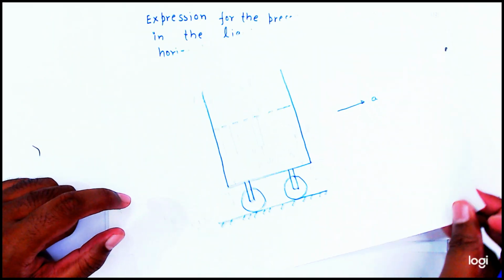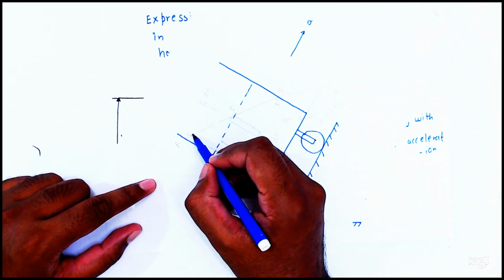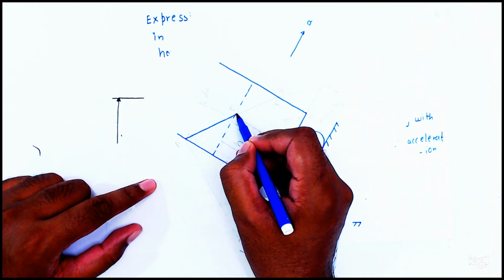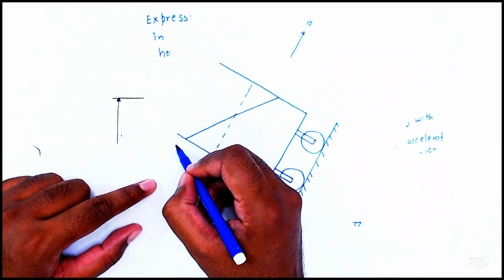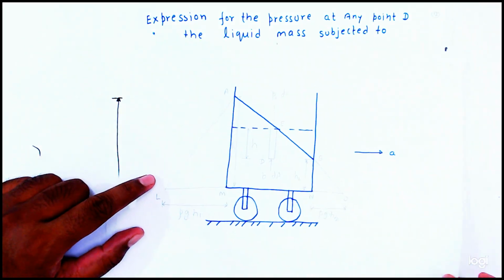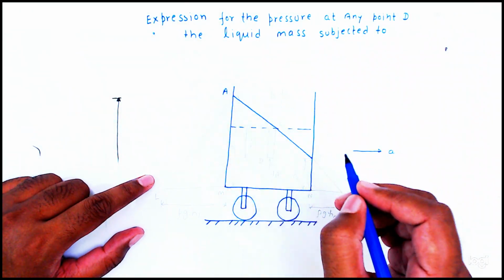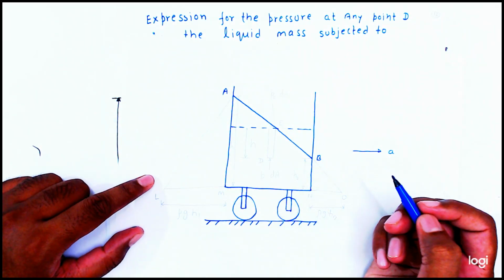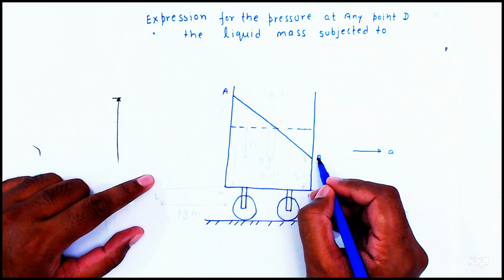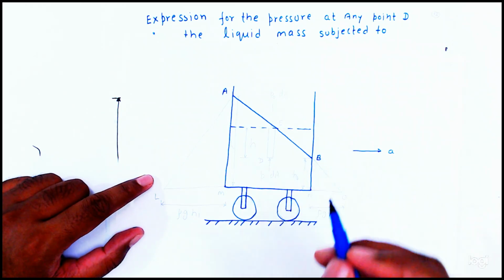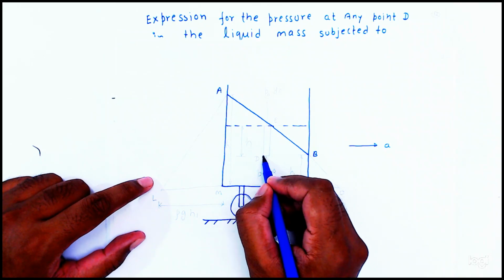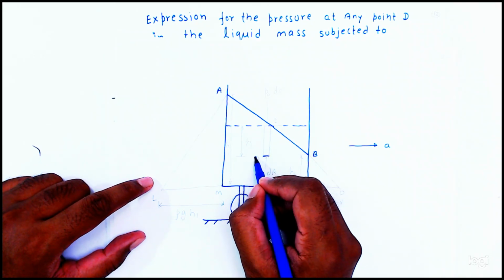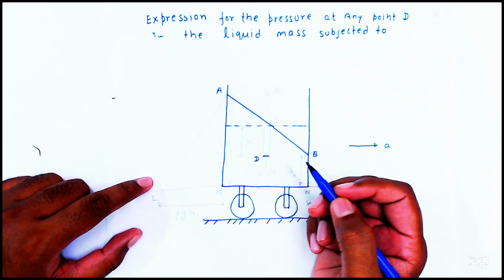So what happened? The liquid free surface will shift like this. This is point A, and this is point B. Now friends, we have to determine the pressure. Suppose at this point D we have to determine the pressure.